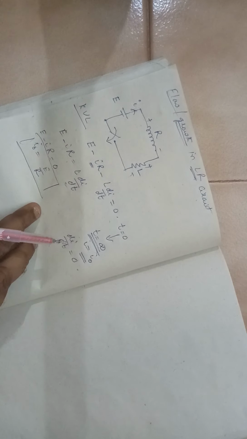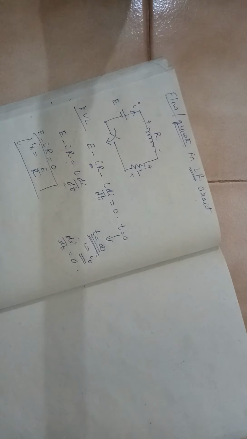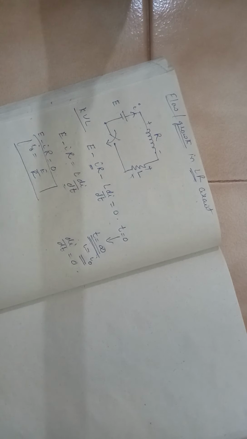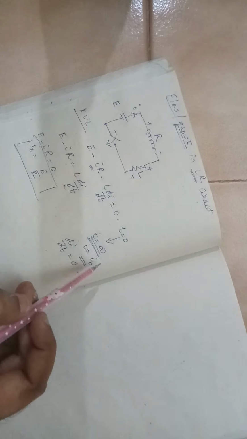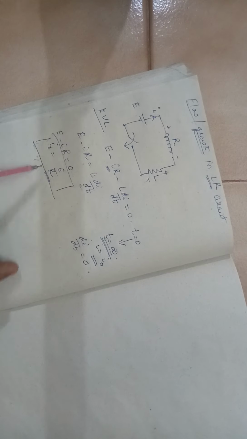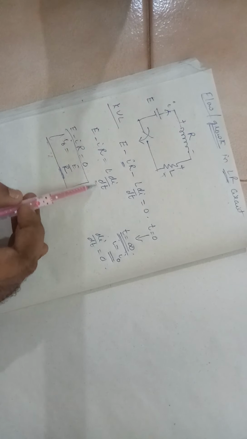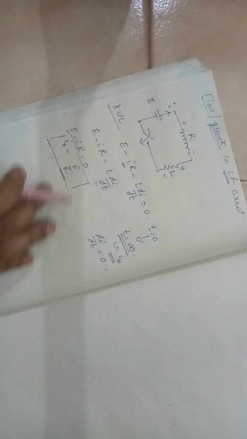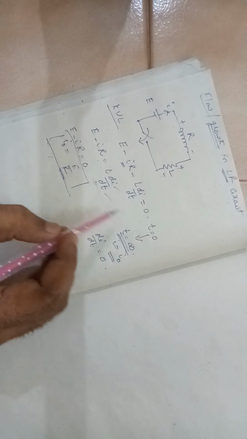So at that state L has no role to play. This simply becomes a wire. It has no role to play at t is equal to infinity. That point we will explore later, but right now remember this point. Now this is a time varying function, so if I want to develop an equation, here di and dt are there.